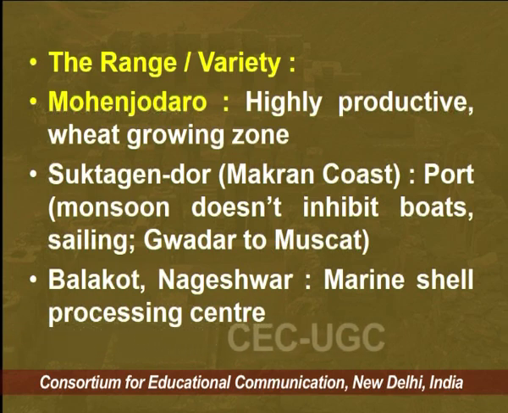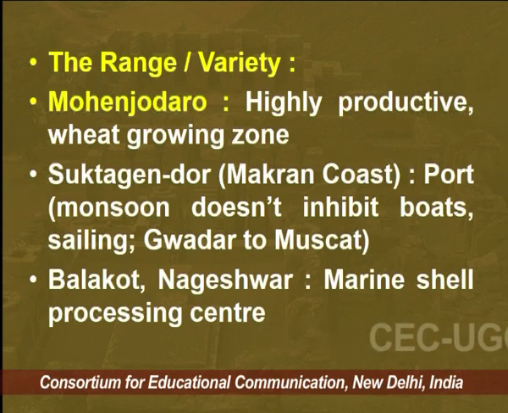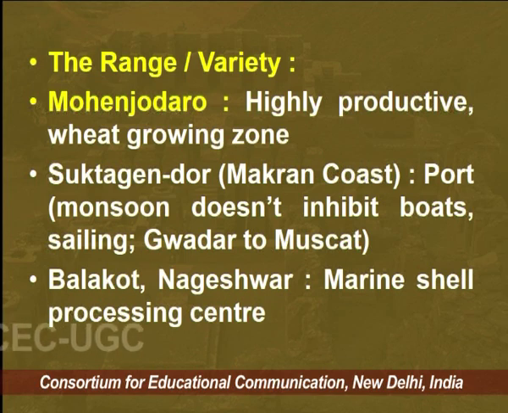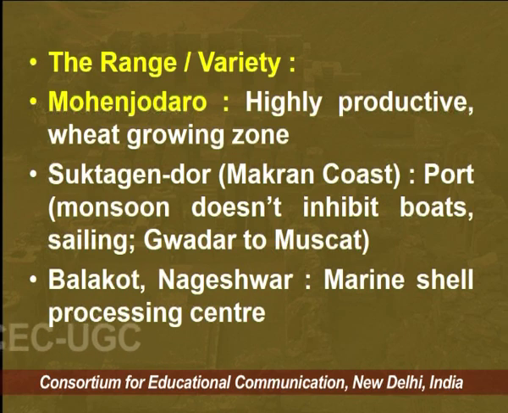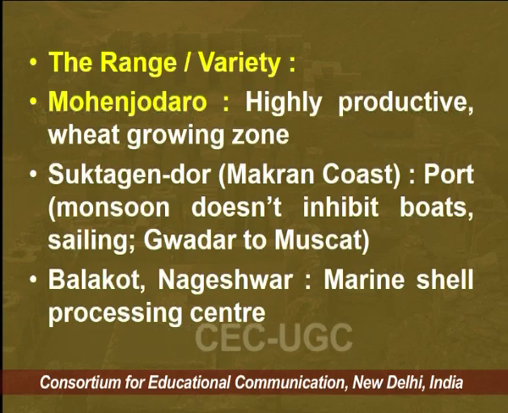You might have heard of the Gwadar port, which was very much in the news in recent times. India wanted to have some kind of a say or some inputs there, so that its access to the Arabian Sea or to the Arabic world across the Arabian Sea could be ensured. Why?